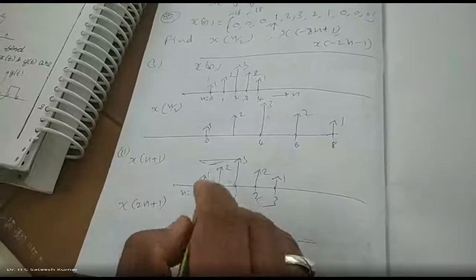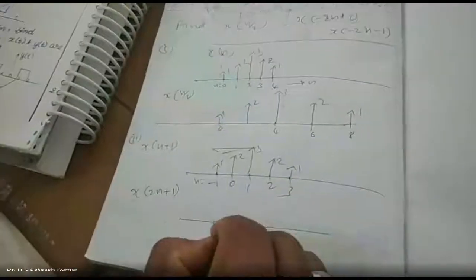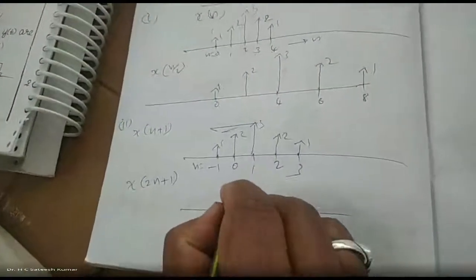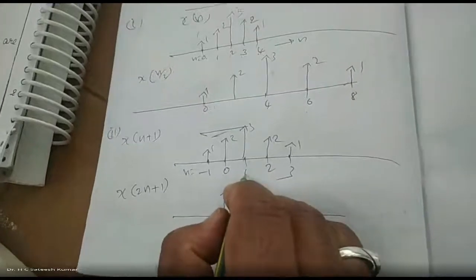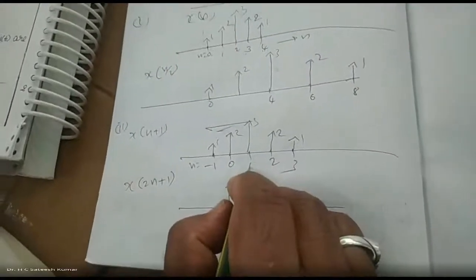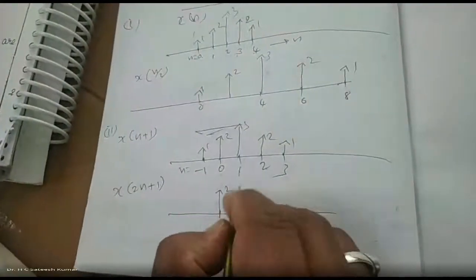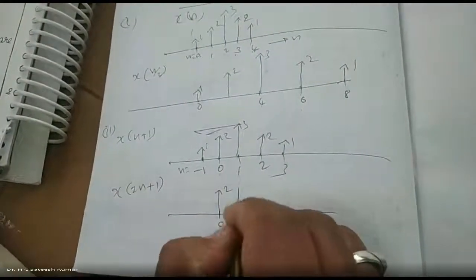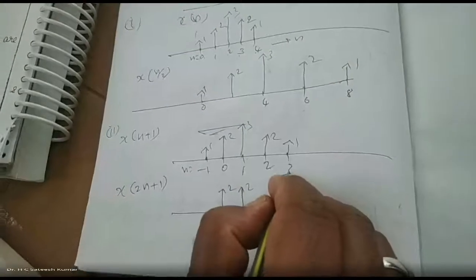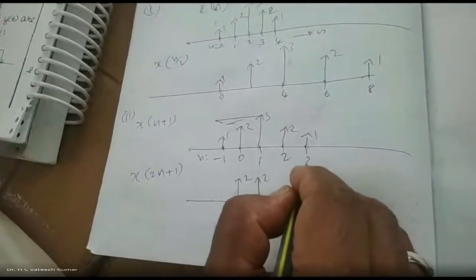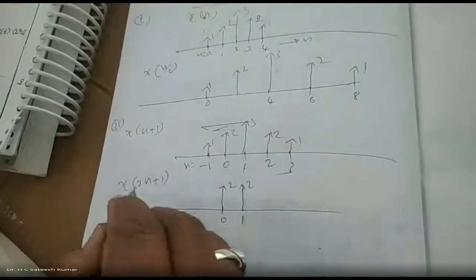At 0, its value is 2. 2n is equal to 1, n is equal to 1 by 2. It will disappear. 2n is equal to 2, n is equal to 1. At 1, its value is 2. 2n is equal to 3, therefore n is equal to 3 by 2, will disappear. That's it. This is x of 2n plus 1.